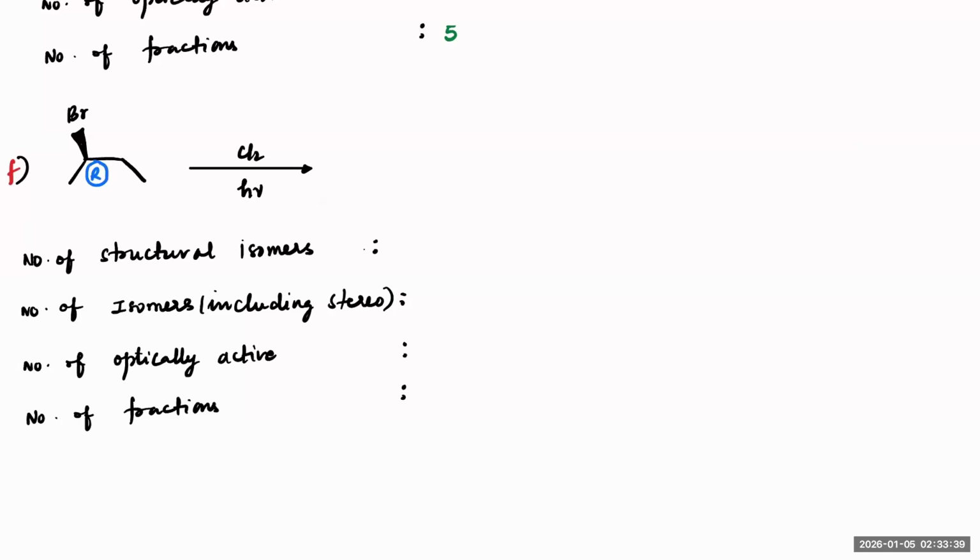If that is the case, you need to realize one thing, that when such a case is given to you, let me first write down the skeletons. In such a case, as long as you do not disturb this chiral center, the configuration remains constant. It will not be disturbed there. Clear? It will be disturbed only when the chlorine comes at that position.